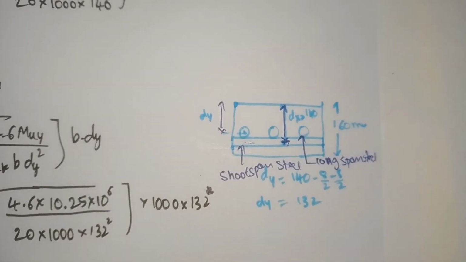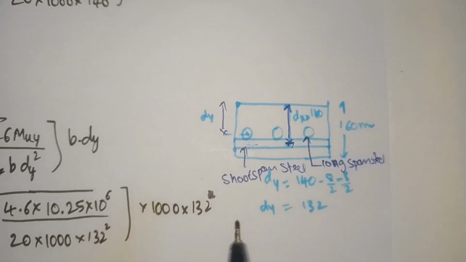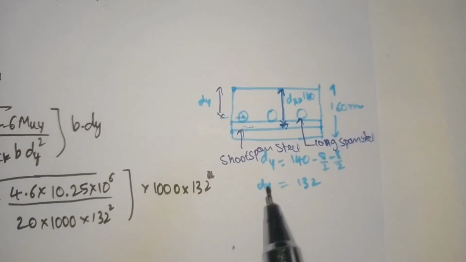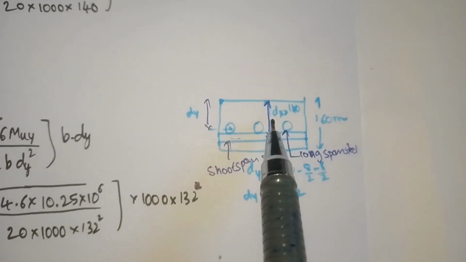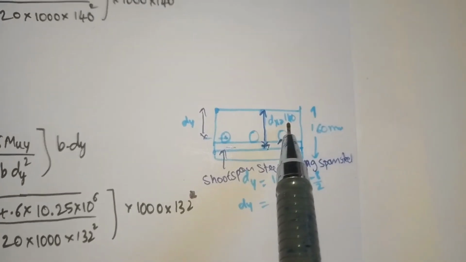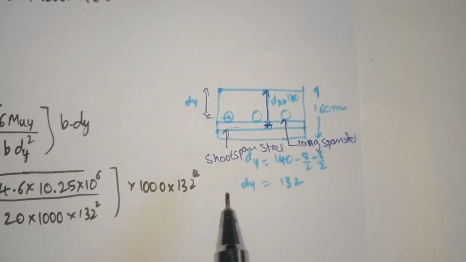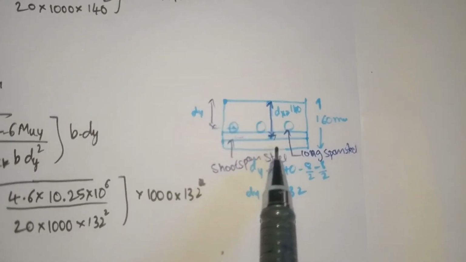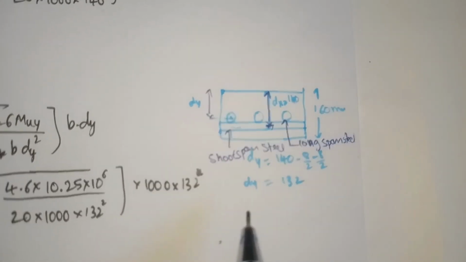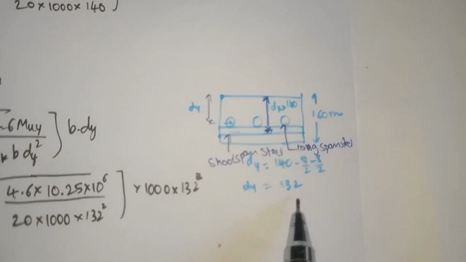So from this particular diagram, this is how we will find out the dy value. The dx value we already took, that is 140 by assuming the diameter, and from this particular figure we come to know the dy value as 132 mm.